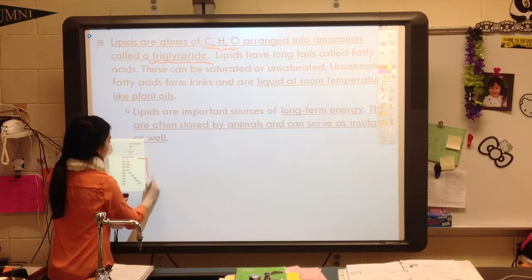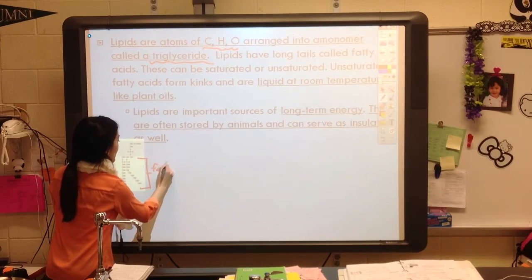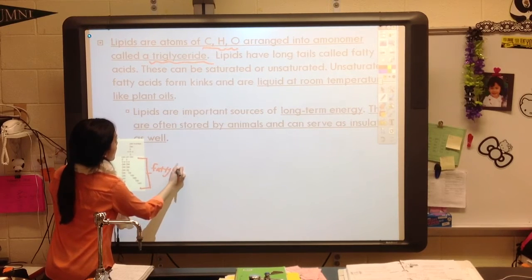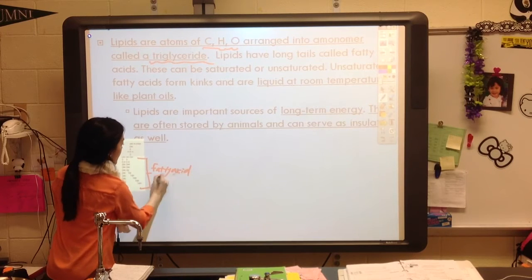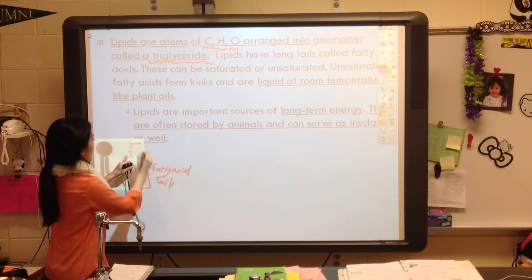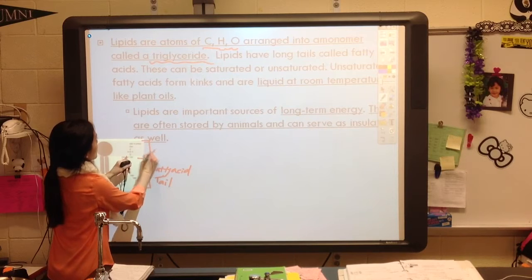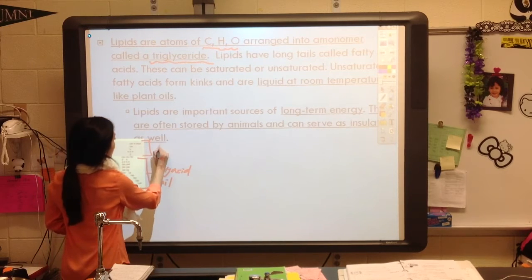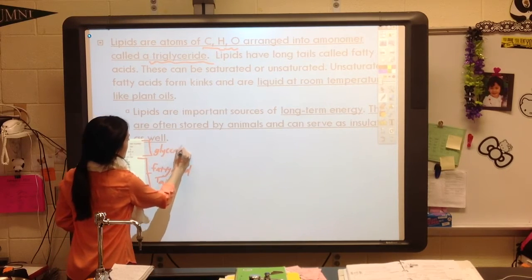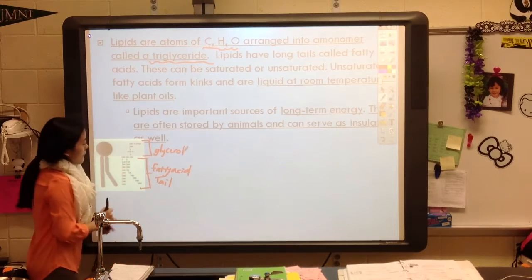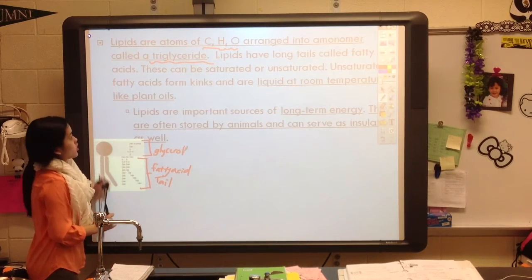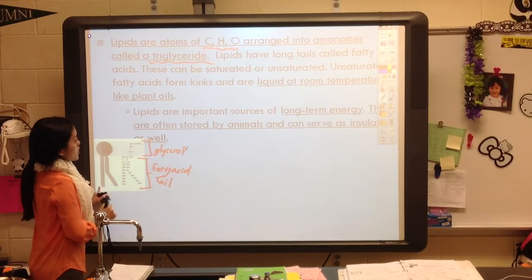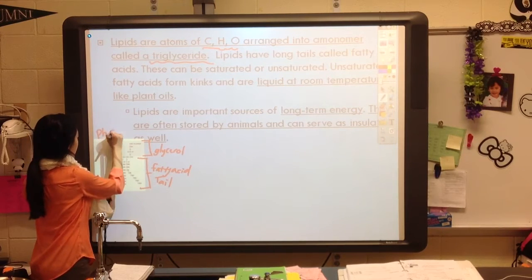At the bottom half here, we have the fatty acid tail, and at the top here, we have what's known as your glycerol. For this specific structure, this is actually your phospholipid.